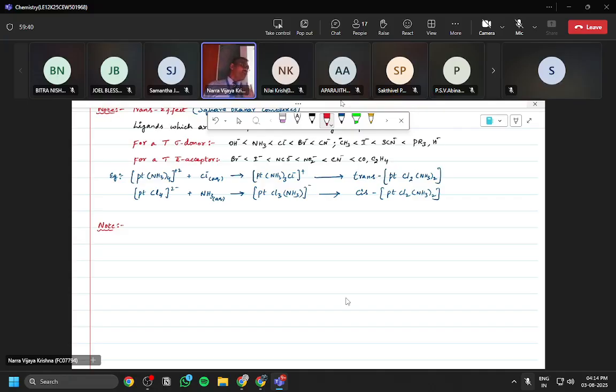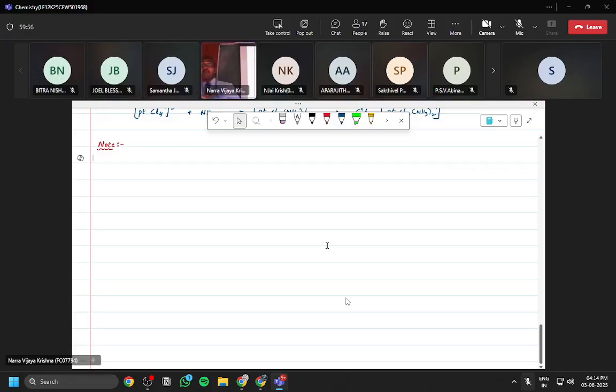After that, till now, they have not given any question in Advanced. So we may skip it, but sometimes bad luck also. Others' bad luck may favor us. If everyone is unlucky and we are lucky, and they frame a question over this, others' bad luck will favor us. Okay. So the next concept is the nephelauxetic effect.